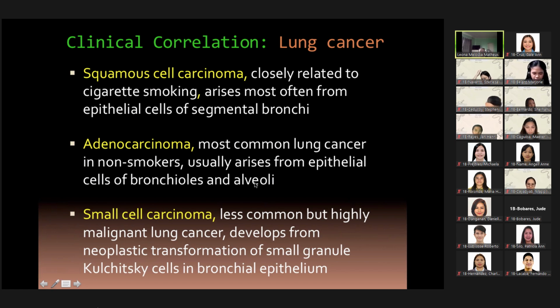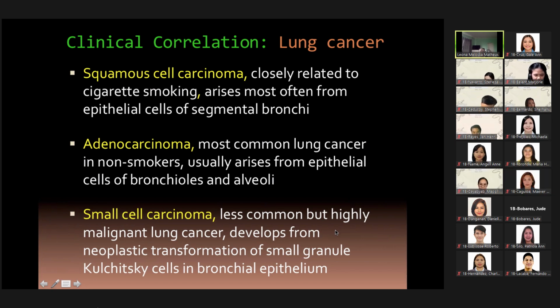Now, lastly, we have the small cell carcinoma. This is actually quite rare. It is less common, but highly malignant. And it can develop from neoplastic transformation of the small granule Kulchitsky cell. Now you remember this is one of the cells that you find in your pseudostratified columnar ciliated epithelium, di ba?